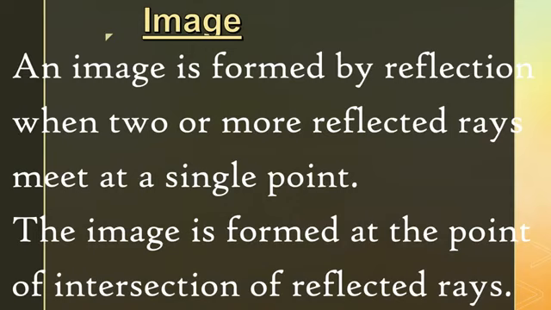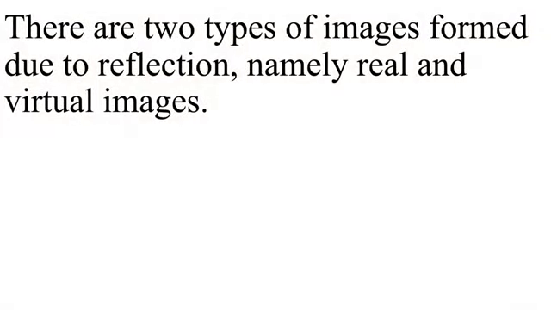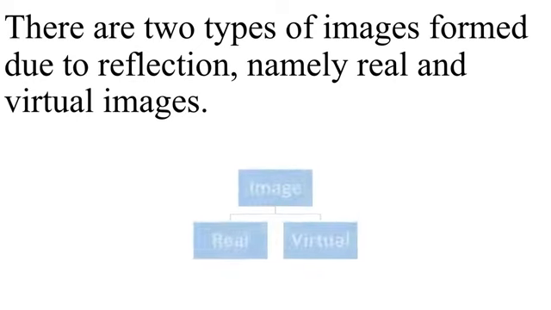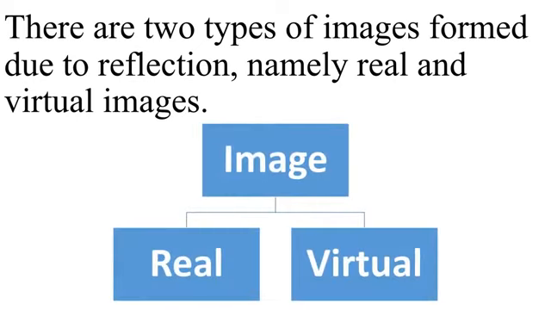When two or more reflected rays meet at a single point, the image is formed at the point of intersection of reflected rays. There are two types of images formed due to reflection, namely real and virtual images.